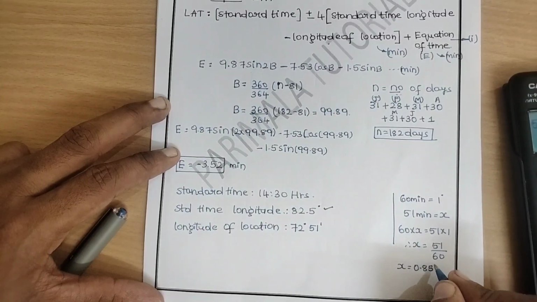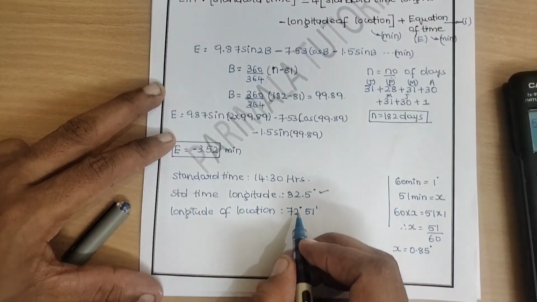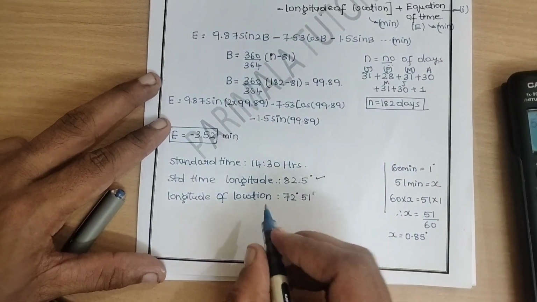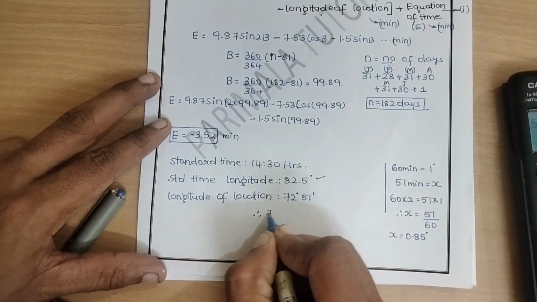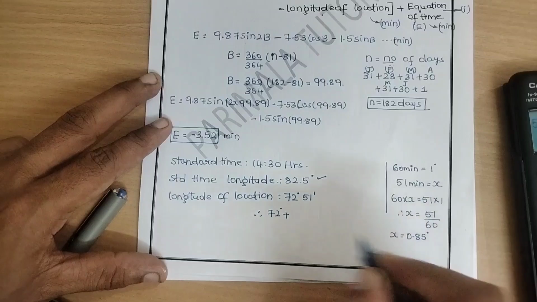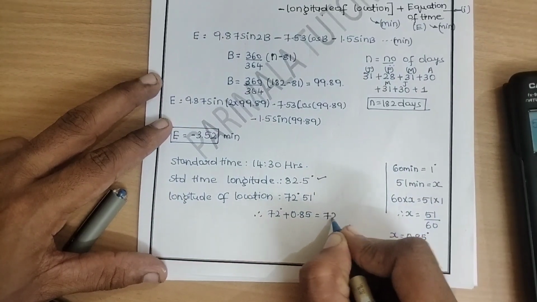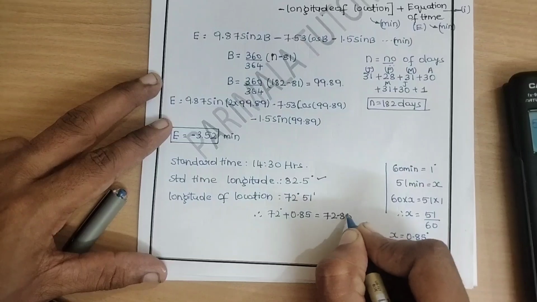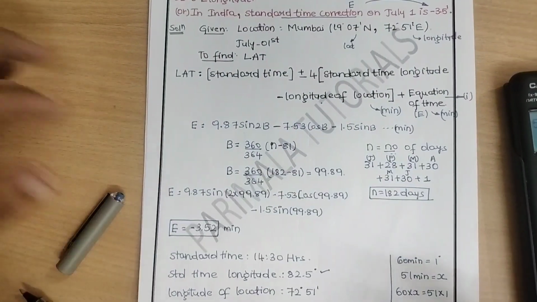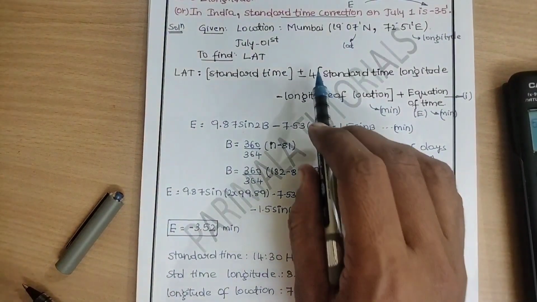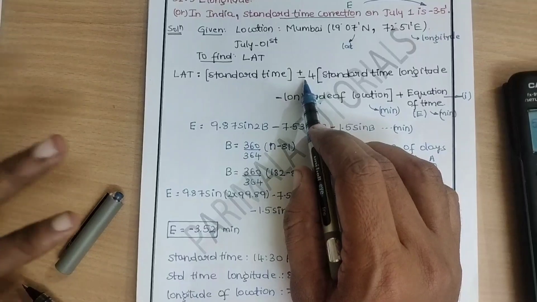Very important, it is converted to degrees. But the actual degree here is 72 degrees, so 72 degrees plus this value 0.85 will be 72.85 degrees.